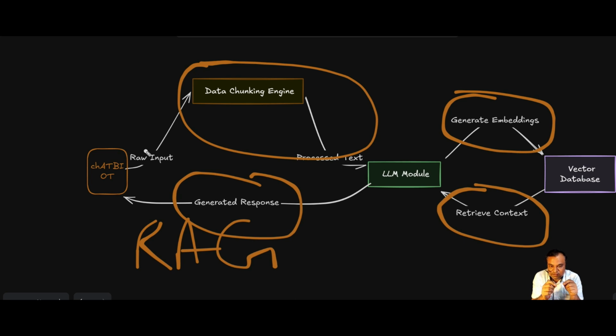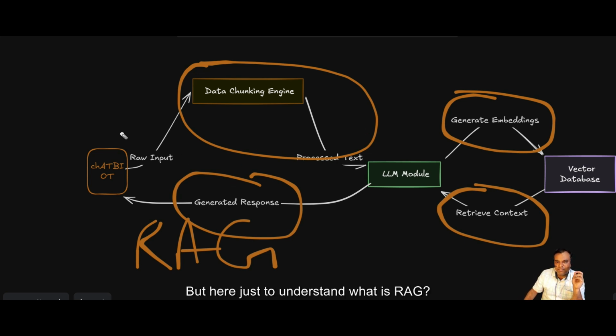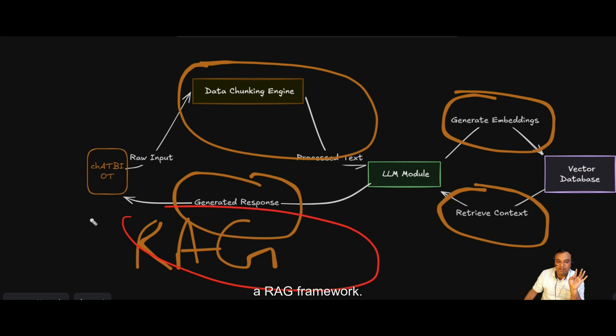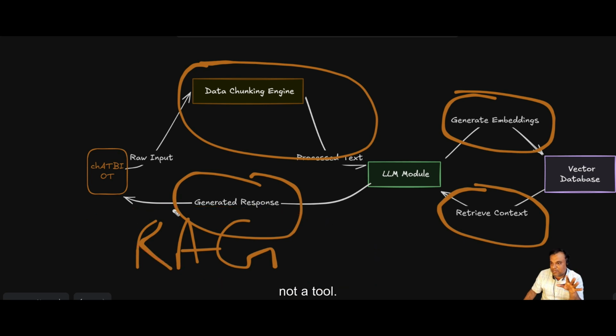So here I cleared 2 things: that an LLM is not just an AI, and what RAG is. RAG is the whole flow it should run. These 4 points are under our control, this 1, this 2, this 3 and this 4: which one is in our control and how we want the LLM to respond. This whole circle is called a RAG framework. It's a concept, not a tool.